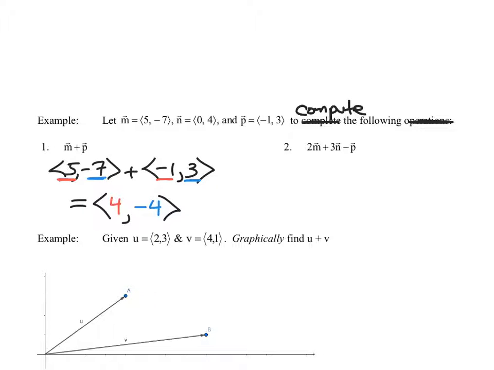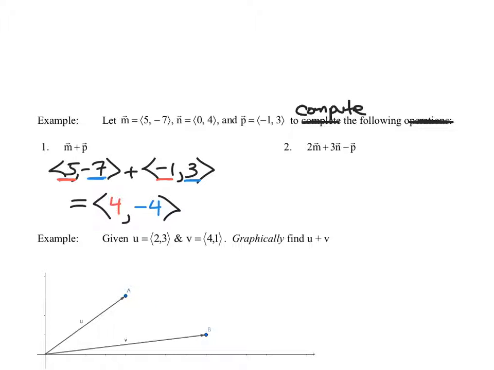I try not to overuse the term common sense, but this might fall into that category. If I didn't give you any instruction and I just gave you these values and I told you to add m and p, this is probably what you're coming up with. So intuitively, you already knew how to do this.